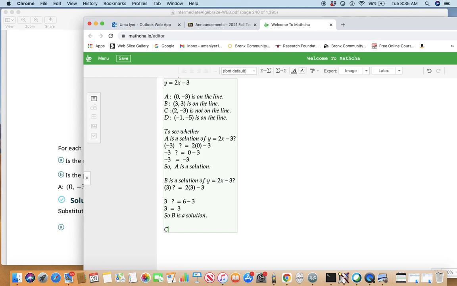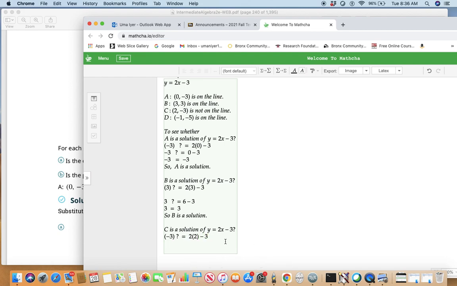Okay, next. So B is also on the line, B is also a solution. Now let's check for C. Is C a solution? Okay, let's check. What is C? 2, negative 3. Where you see y, you want to place negative 3. And where you see x, you want to place 2. Okay, because that's the x coordinate.